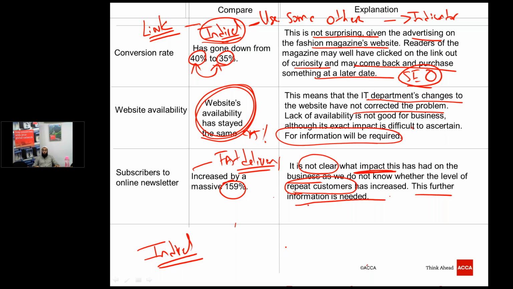So I'm sure you liked the way the interpretation was done. And direct link and indirect link understanding, I'm sure you got it. So try to find a link from the scenario. This is the best way of explanation. The last point was subscribers to online newsletters.